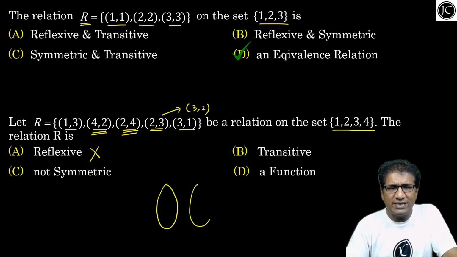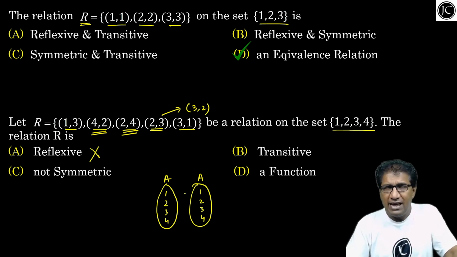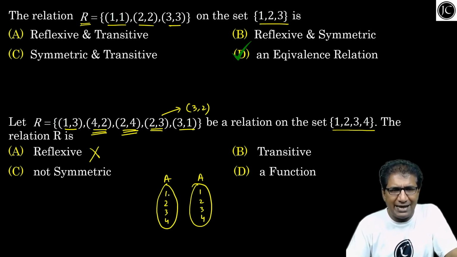We have two copies of the same set A, which is {1, 2, 3, 4}, and {1, 2, 3, 4}. In the relation, whatever we have been given, let us map it by an arrow diagram. We get 1 is mapped with 3, 4 is mapped with 2, 2 is mapped with 4, 2 is mapped with 3, and 3 is mapped with 1.